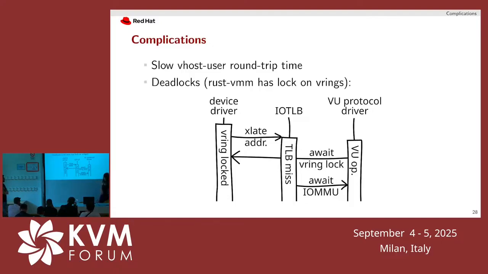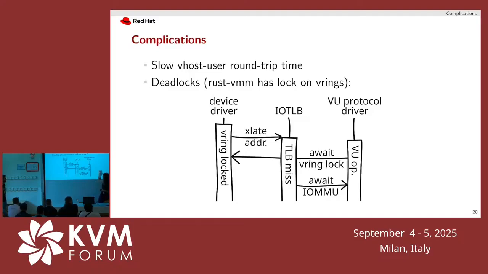So there are 2 problems. Specifically for rust-vmm, say you have a device driver and it does something with the vring, and around the vring there's a mutex, and so the device driver locks that mutex so that it can process the vring. Then during this operation, it encounters an IOTLB miss. That IOTLB miss will have to send a message to QEMU and then await a response on the vhost-user Unix frontend socket.